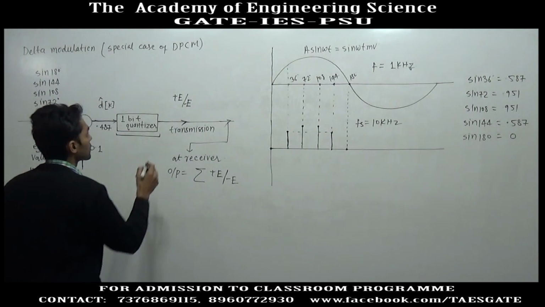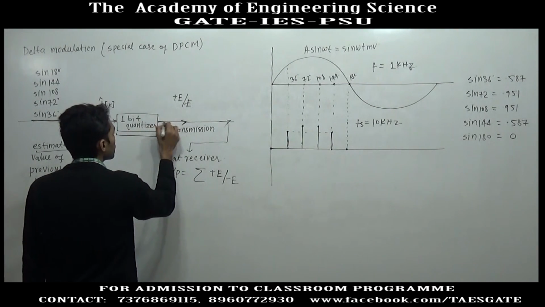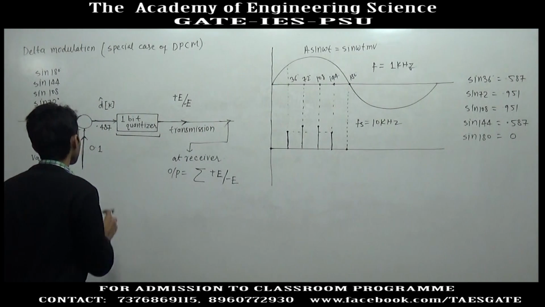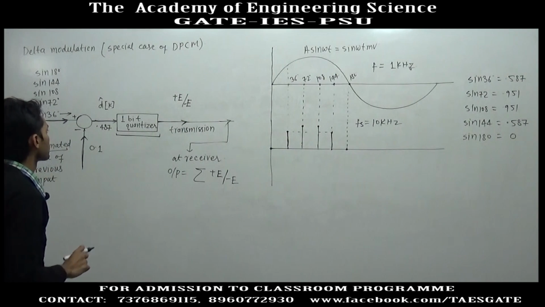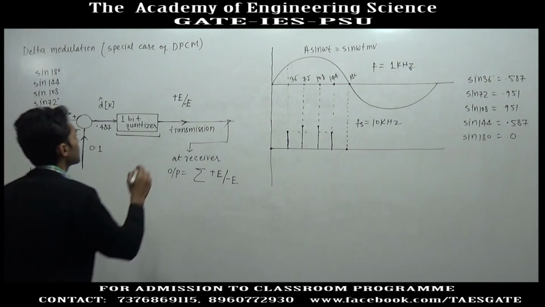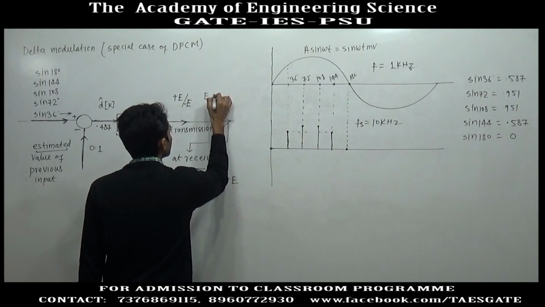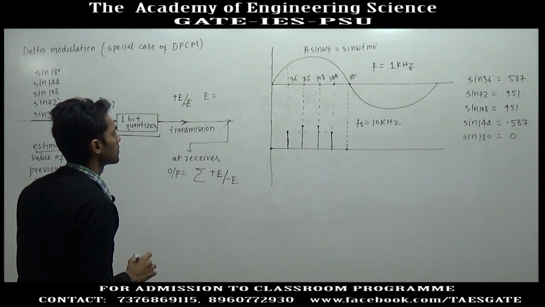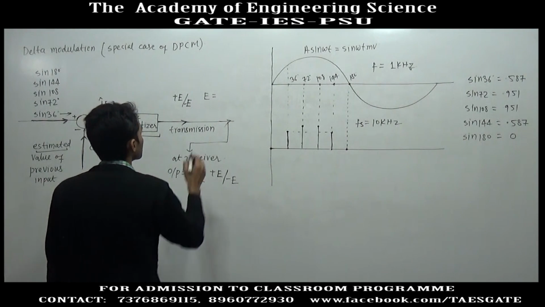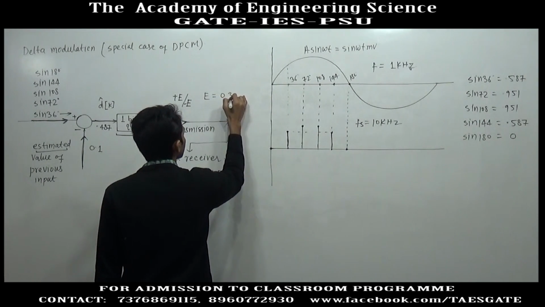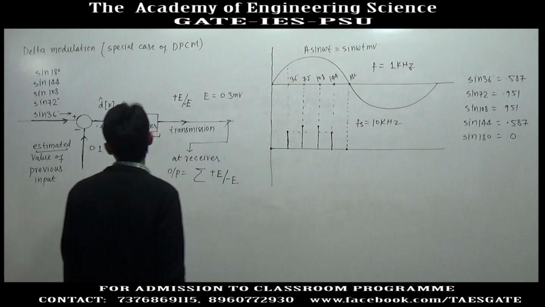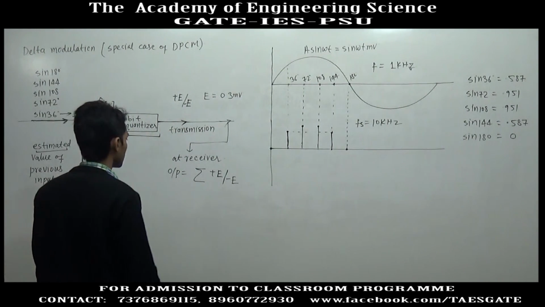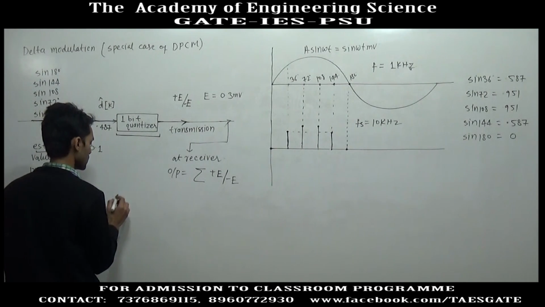Now the output of the quantizer is either plus E or minus E, the threshold. Suppose the value of E is set to 0.3 millivolt, and suppose the initial output is 0.